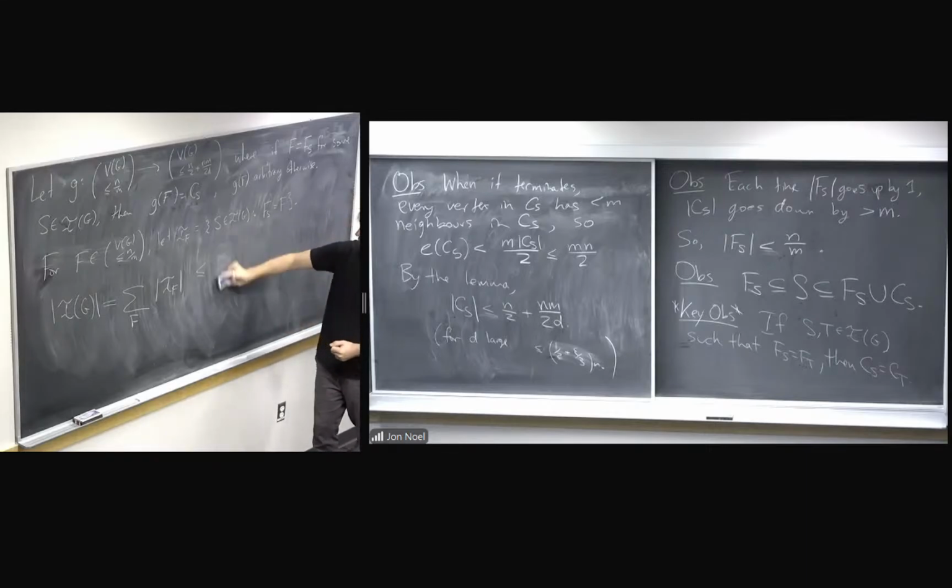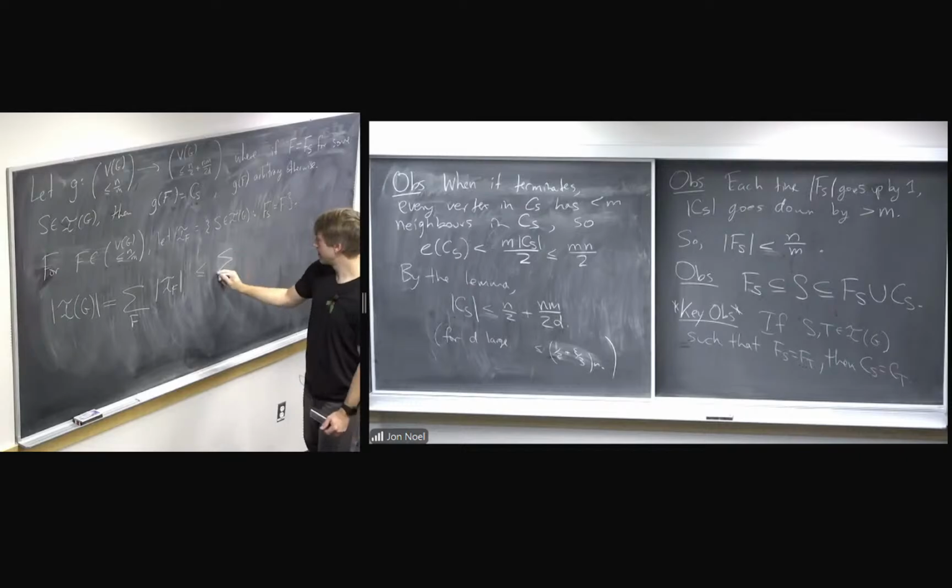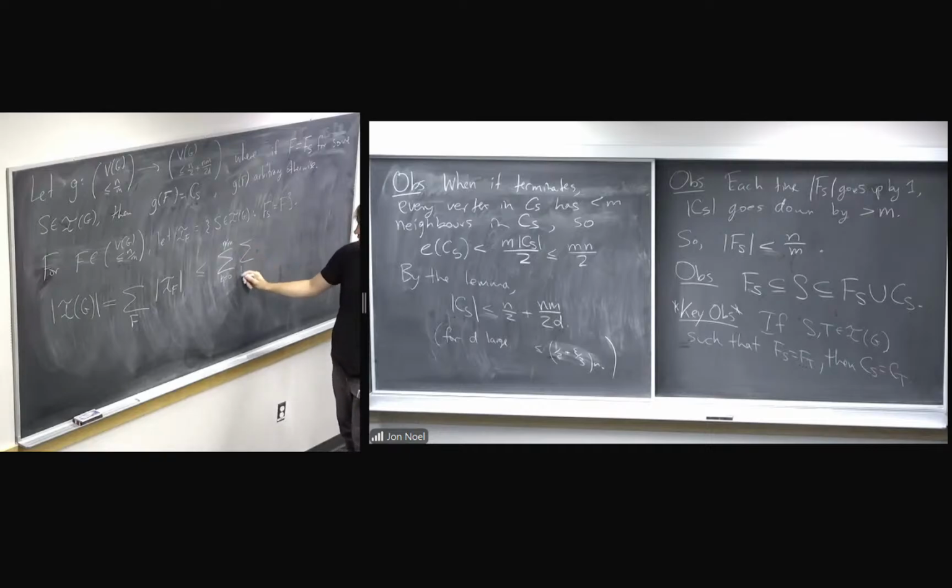Well, okay, let's do this. Sum from k is 0 up to n over m, sum over all the sets of size k. And now I want to give a really crude bound on the number of independent sets that have f as its fingerprint.